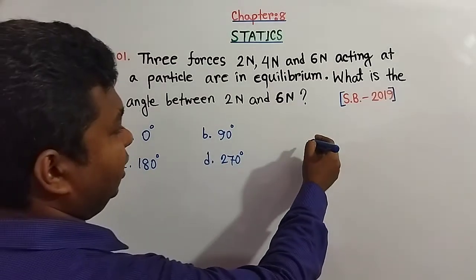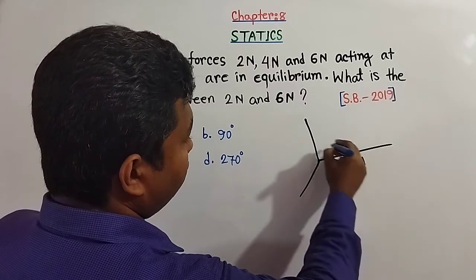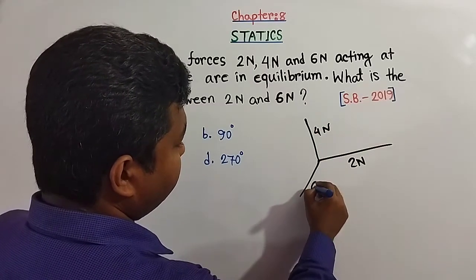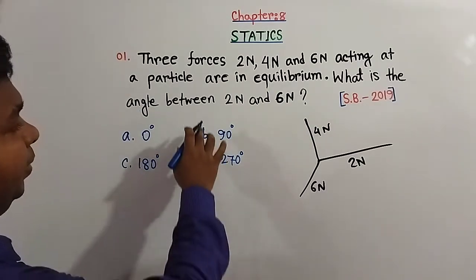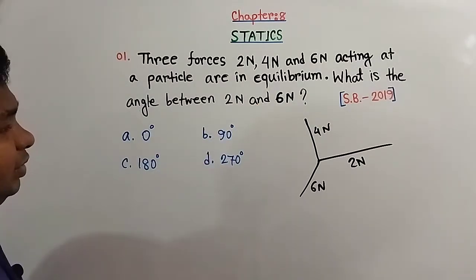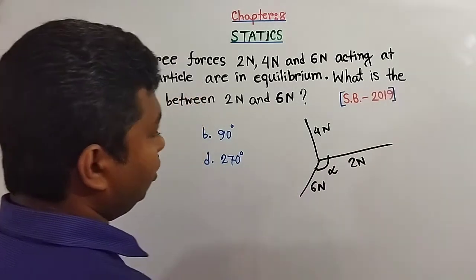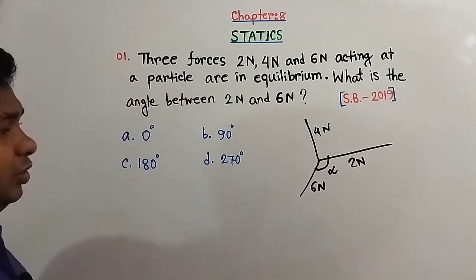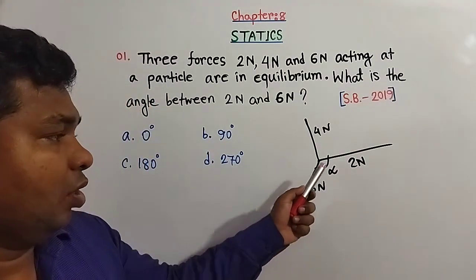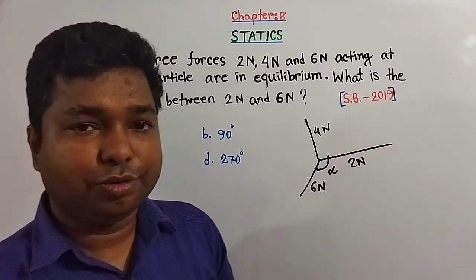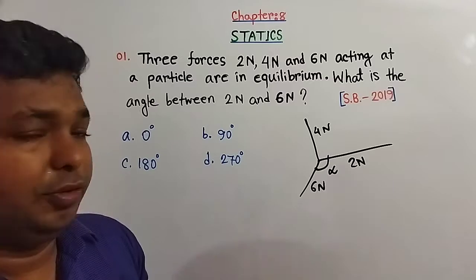Here, the given three forces are 2 Newton, 4 Newton and 6 Newton. Here we have to find the angle between 2 Newton and 6 Newton. Let the angle be alpha. Now, since those three forces are in equilibrium, the resultant force of 2 Newton and 6 Newton must be equal to the third force, 4 Newton.